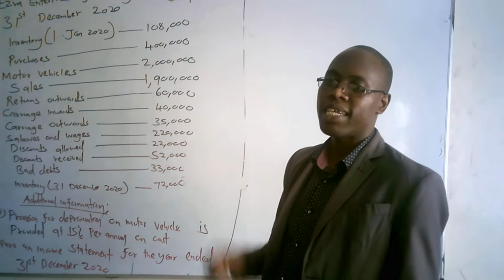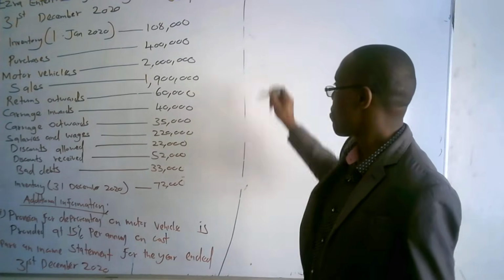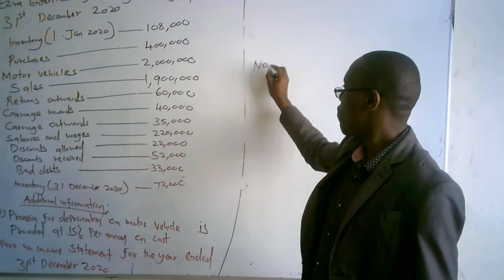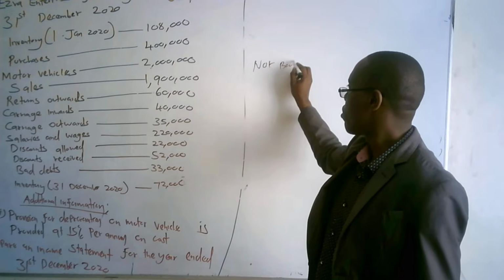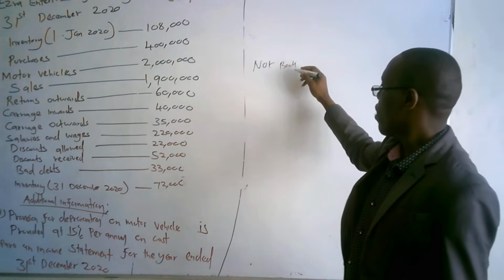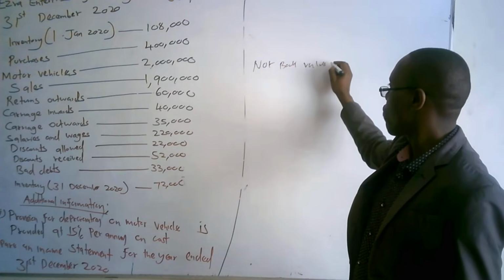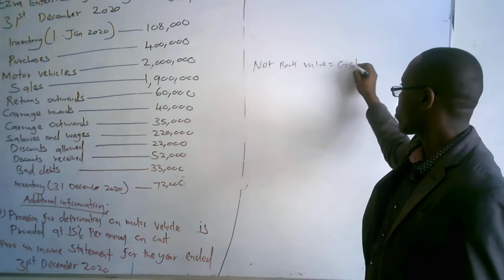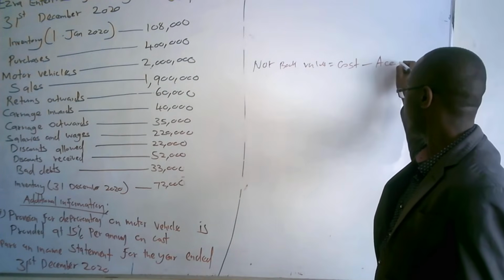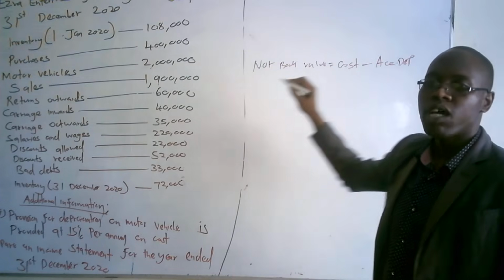If they use the words net book value, remember that net book value is equal to cost minus accumulated depreciation. So that's how you get the net book value.